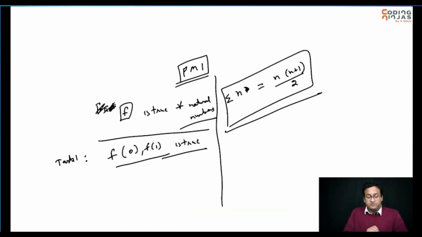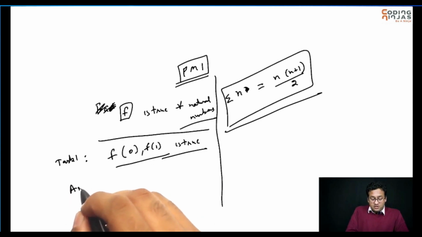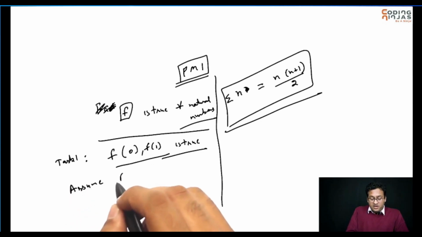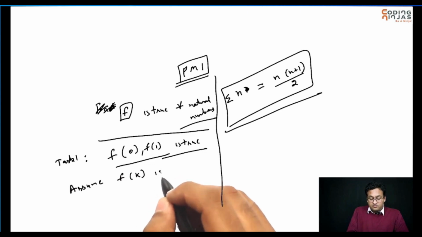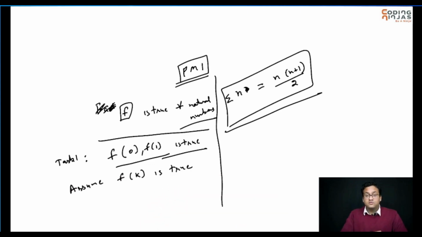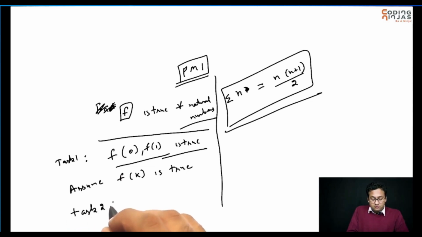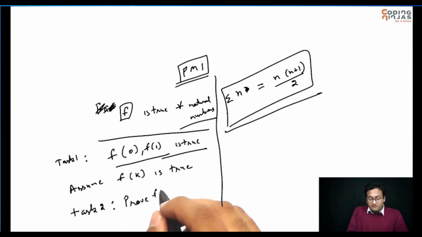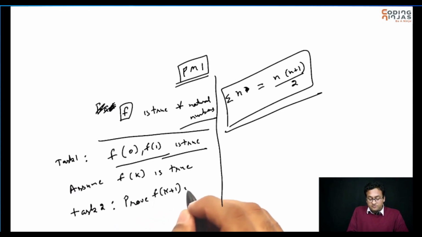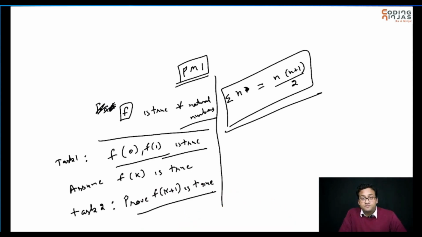That's the first thing we need to do. Then PMI says, assume f of k is true. I can assume f of k is true. Task 2, prove f of k plus 1 is true. That's what we need to prove.